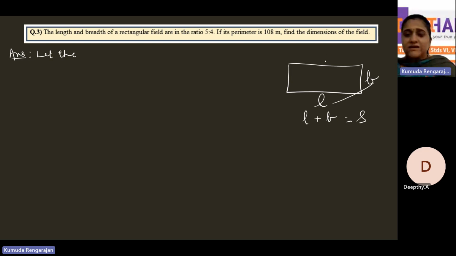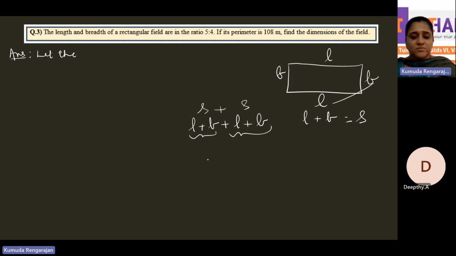Length plus breadth, again length plus breadth. Semi-perimeter 2 times is perimeter. L plus B is semi-perimeter. Again, L plus B plus L plus B is perimeter. That is 2 times length and 2 times breadth is perimeter. But you're right. Very good.